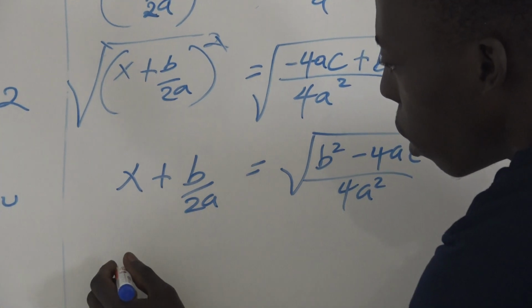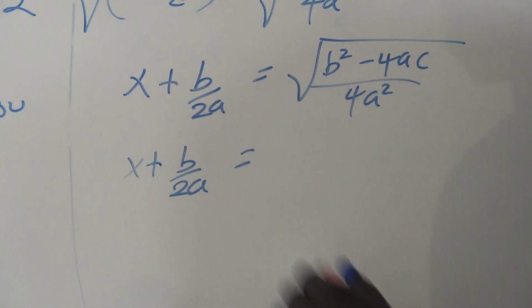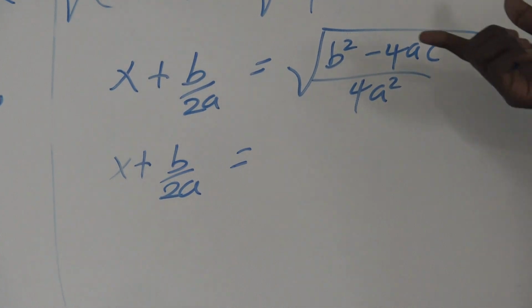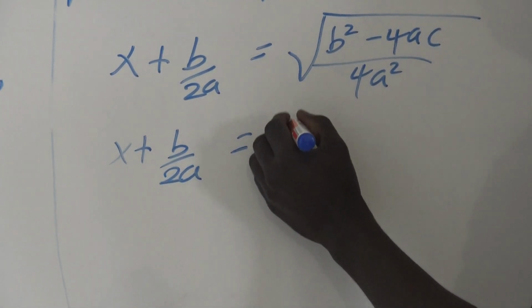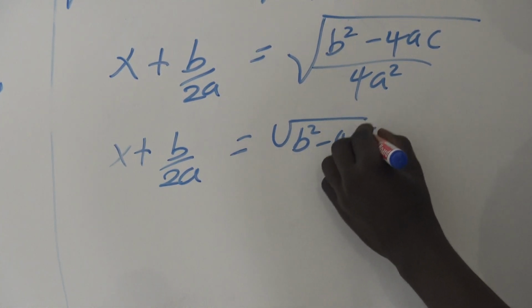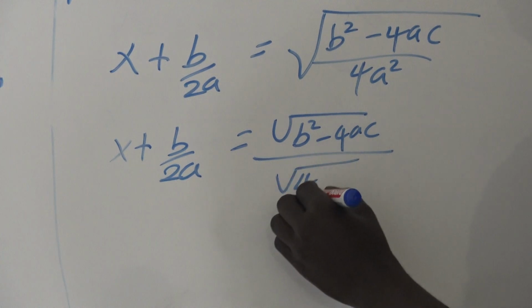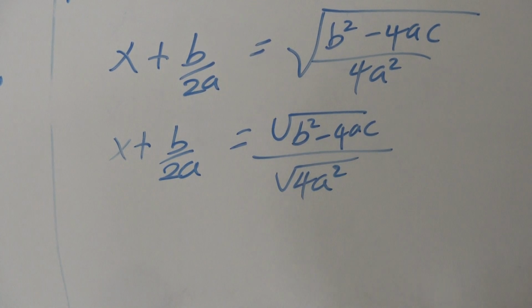So it becomes x plus b out of 2a, which will be equal to root of b squared minus 4ac, divided by root of 4a squared.